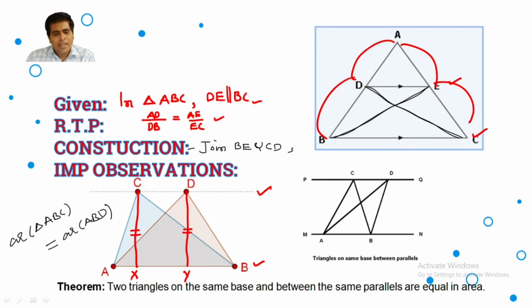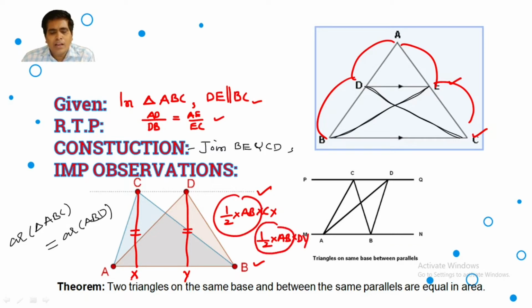So if I write the area of triangle ABC, half into base AB into height CX, and for this triangle half into base AB into height DY. So definitely half AB is already equal.